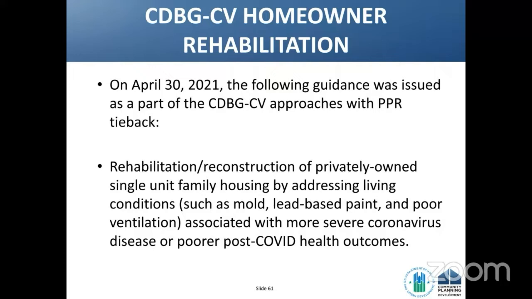Because of these factors, if they do contract COVID, they're more likely than not to have to be hospitalized. Therefore, by addressing these, if they do end up with it, they're less likely to have a more severe outcome.